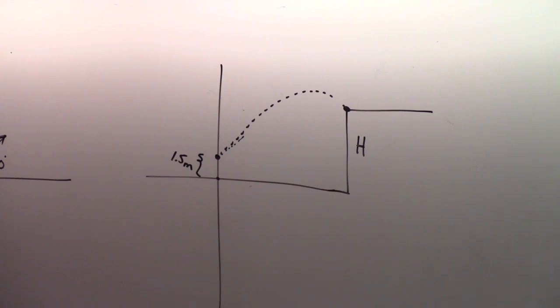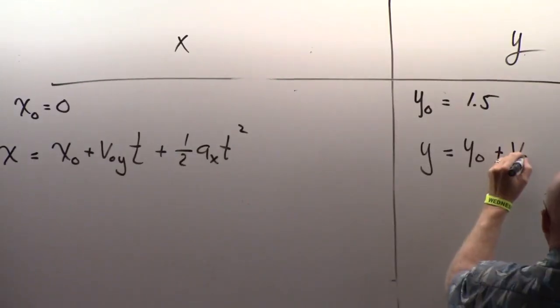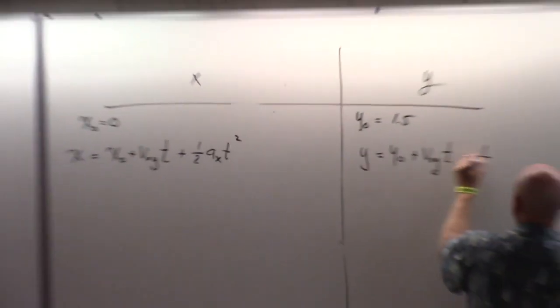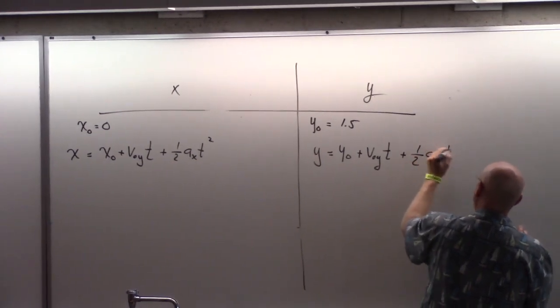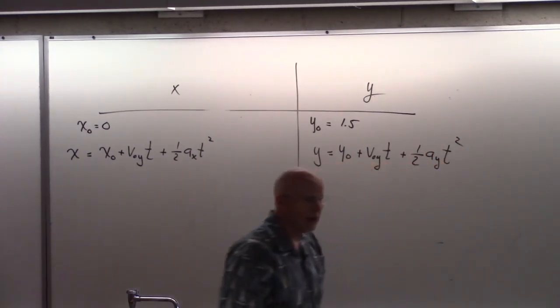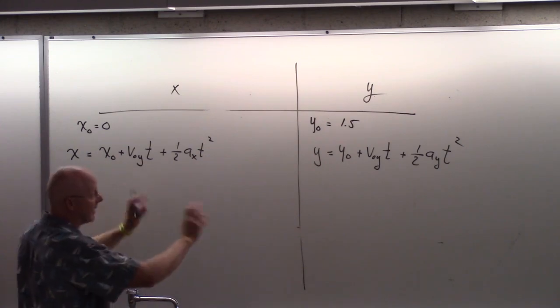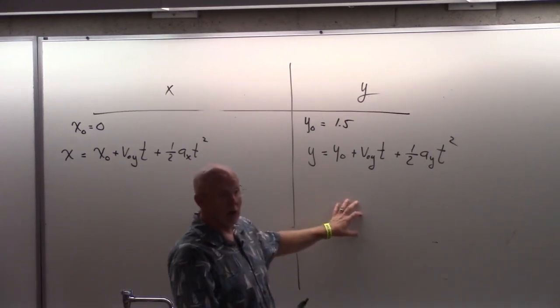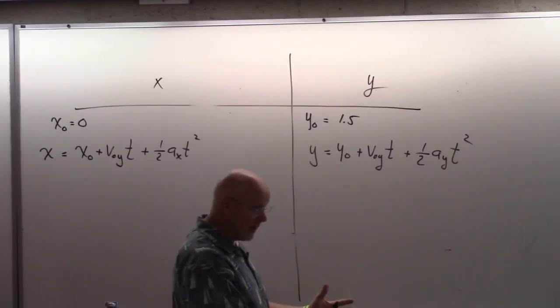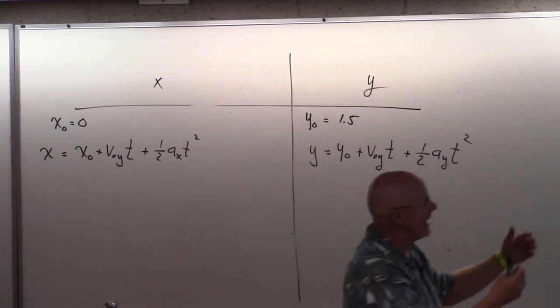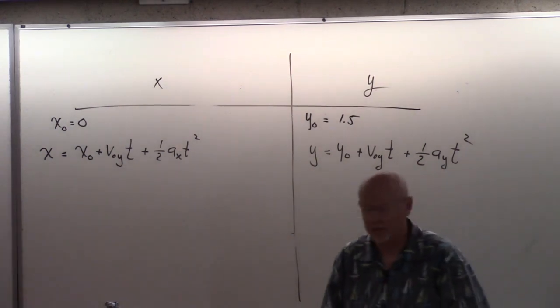Well, I'm hoping you see that this really is the same set of kinematic equations that I just did on the last problem. Of course, we can do both calculations, but let me do the y one first because they actually ask what is the height.